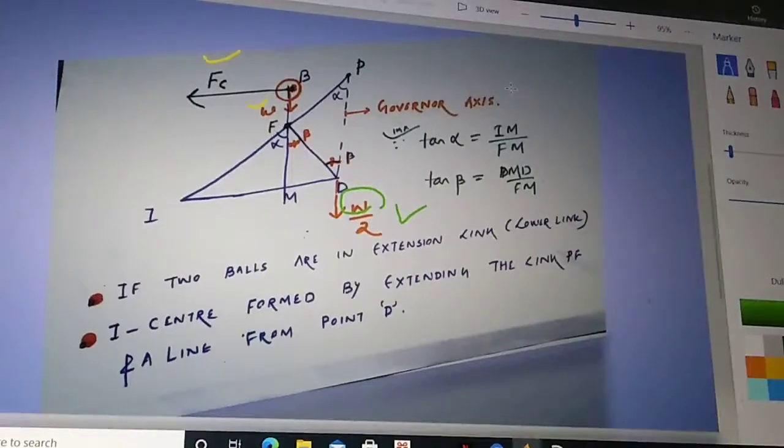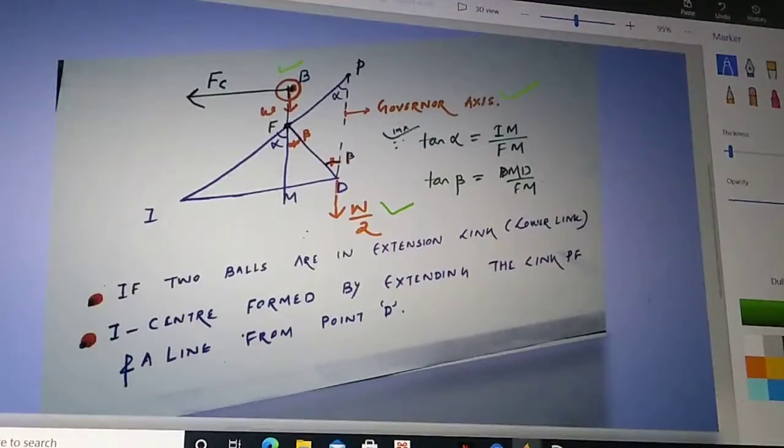And this is the governor axis. So this is all about the basic things, how many forces are acting there: Fc, small w, the weight of the fly ball, and capital W by 2, the one half portion of the weight of the central load, and the governor axis.